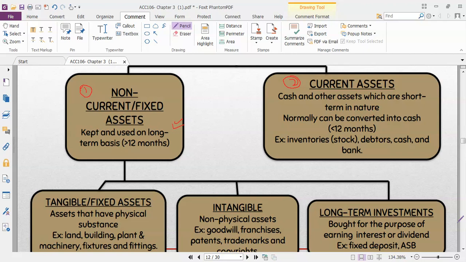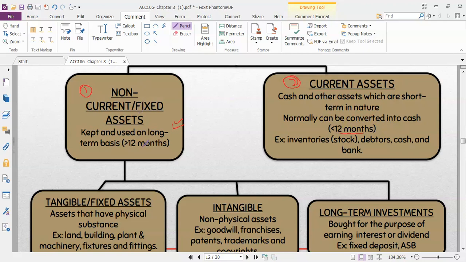Okay, what is the difference between non-current asset and also current asset is, for the non-current asset, we use and kept that asset more than 12 months. Okay, dalam jangka masa yang panjang. But then for current asset, okay, current asset pula, normally can be converted into cash less than 12 months. Okay. So untuk non-current dia lebih lama.